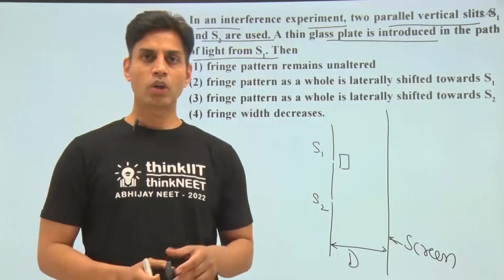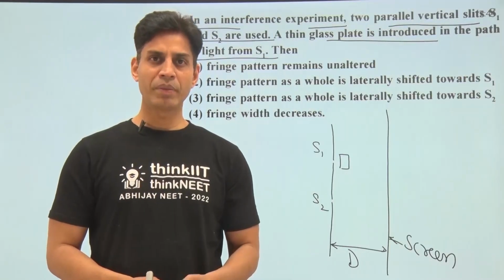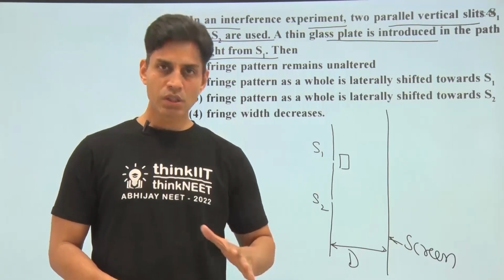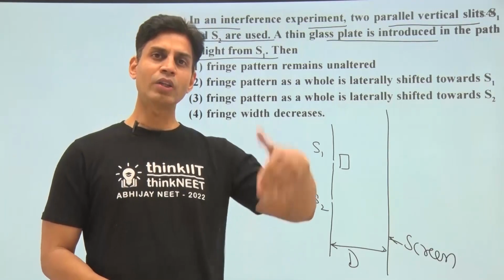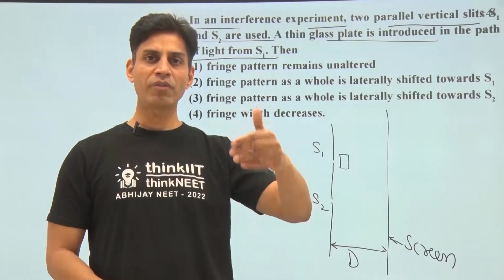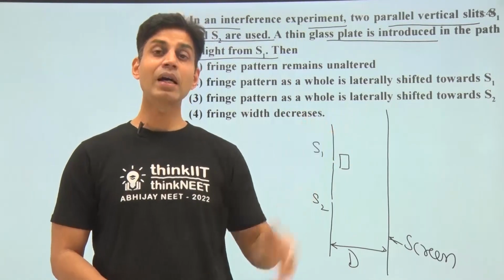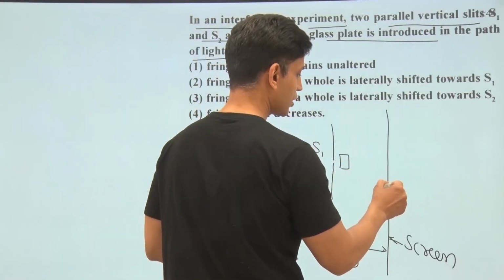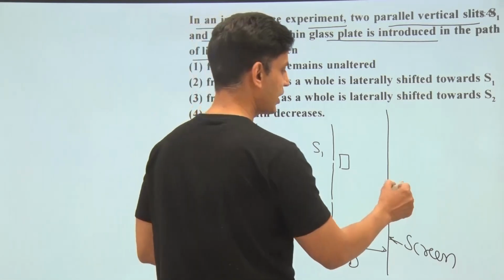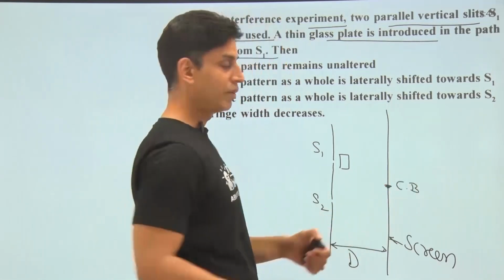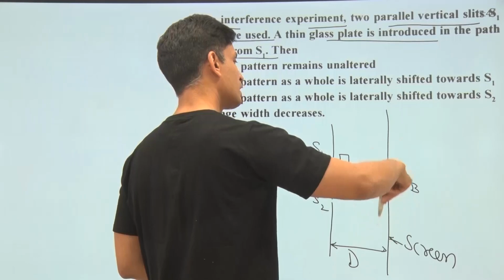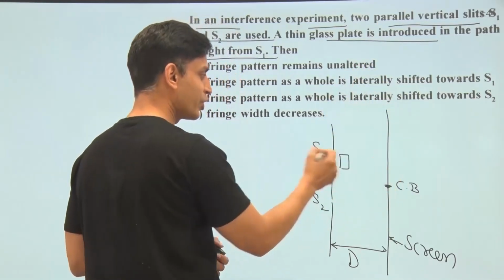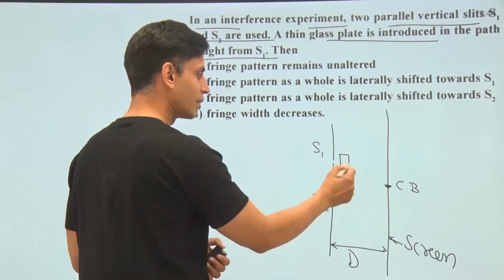Now, according to YDSE, that is Young's double slit experiment, if a sheet has been placed in front of a slit, then the whole interference pattern shifts towards the side where you have placed the sheet, that is towards S1. So this is initially the central bright fringe. Now the whole pattern will shift towards S1, that is in the upward direction. S1 doesn't mean that the pattern will shift here like this. No.